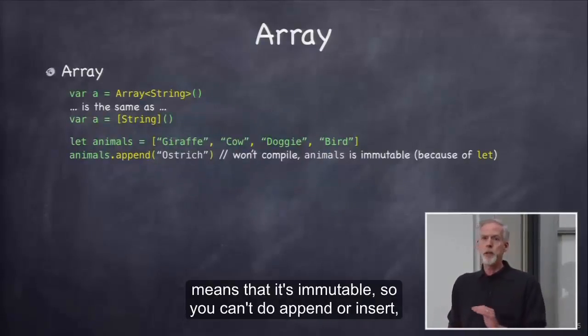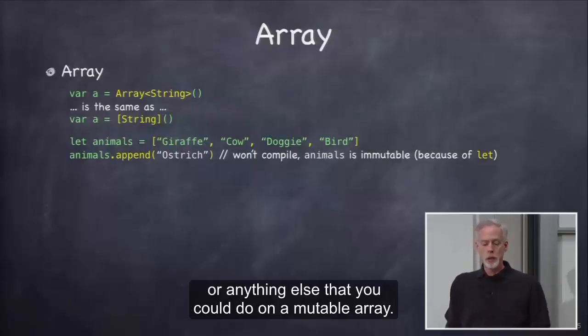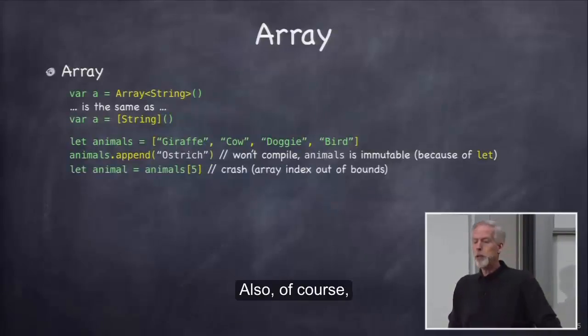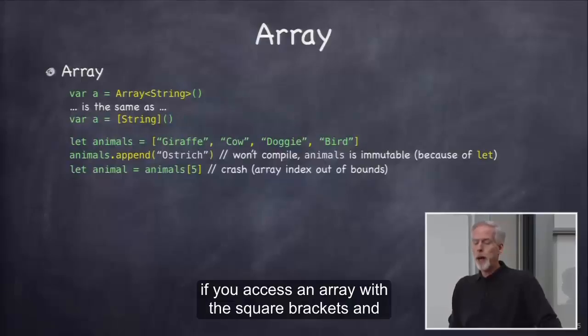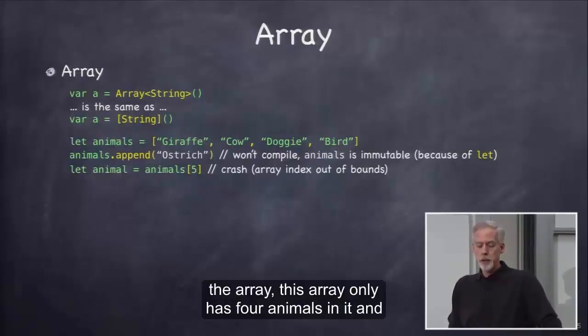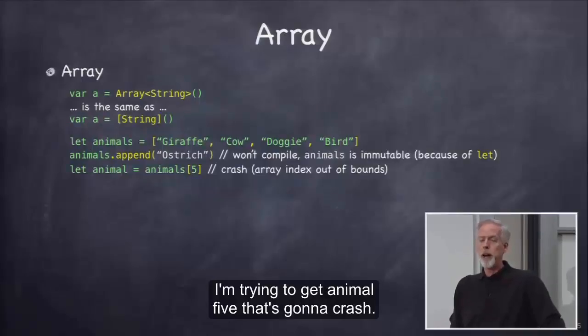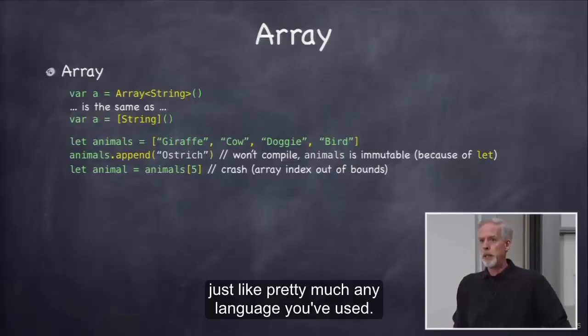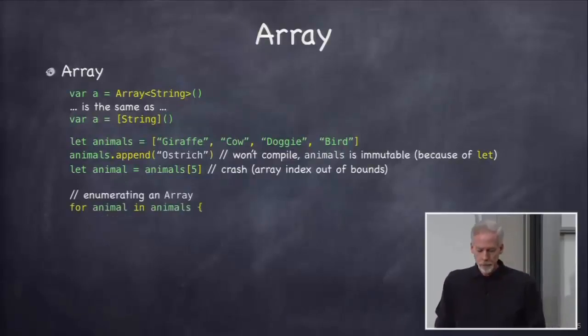So you can't do append or insert or anything else that you could do on a mutable array. Also, of course, if you access an array with the square brackets and try to pull out something that's outside the bounds of the array, this array only has 4 animals in it and I'm trying to get animal 5, that's going to crash. Array index out of bounds, just like pretty much any language you've used.